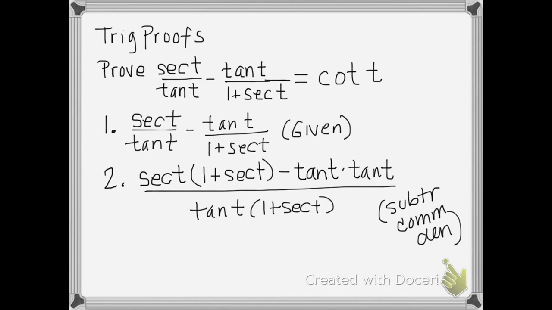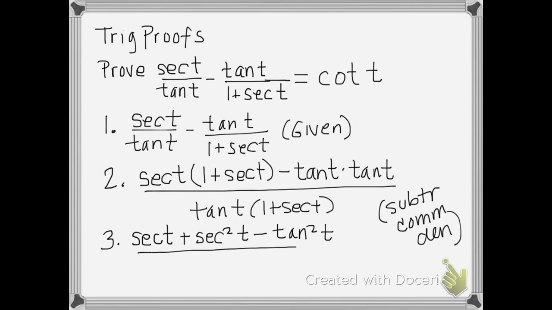The third step here, I'm going to go ahead and expand and simplify. There won't be anything to simplify, so I'm just going to expand this. So secant t plus secant squared t minus tangent squared t over the tangent t, 1 plus secant t.